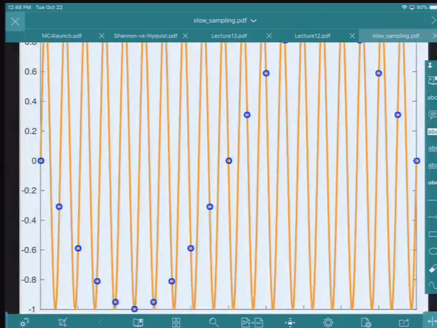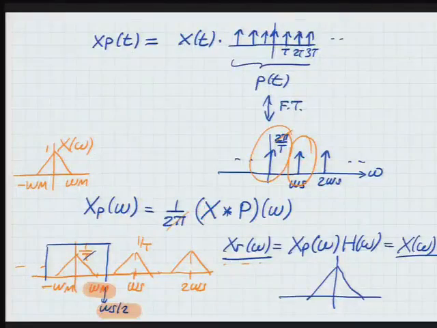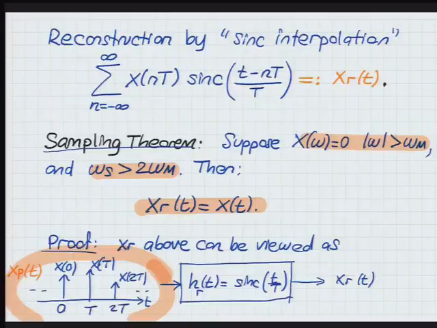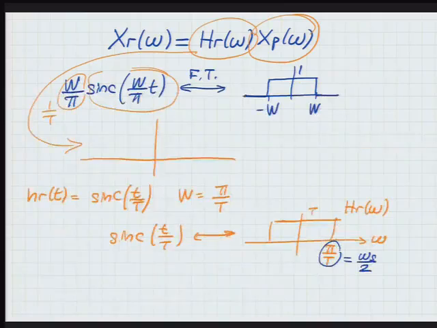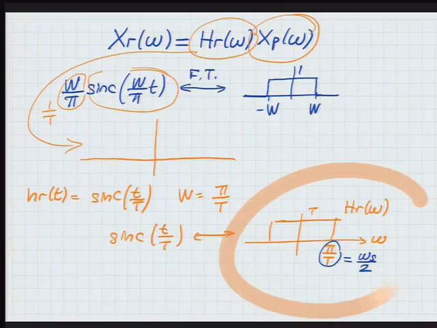So one thing to observe in our derivation is the following. When we do this reconstruction, when we do the sinc reconstruction, what happens is we get a band-limited signal at the output, right? Because HR that we're applying to XP has a cutoff of half the sampling frequency.